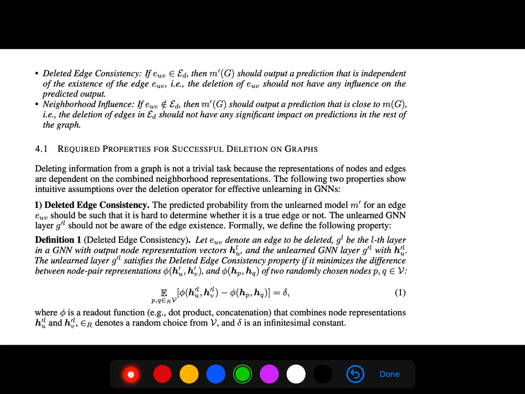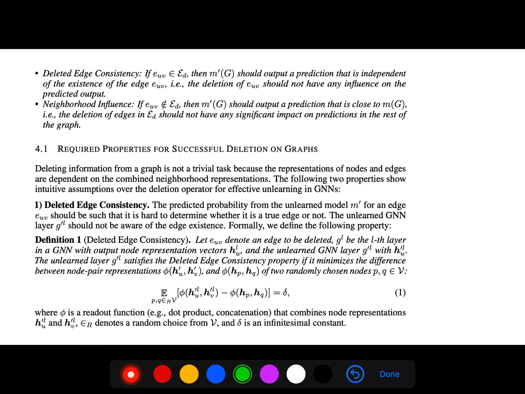The second property, neighborhood influence: if an edge is not in E_D, then M prime should output a prediction that is close to M. The deletion of edges should not have any significant impact on predictions in the rest of the graph. It also reminds me of robust graph neural networks, which is another playlist.